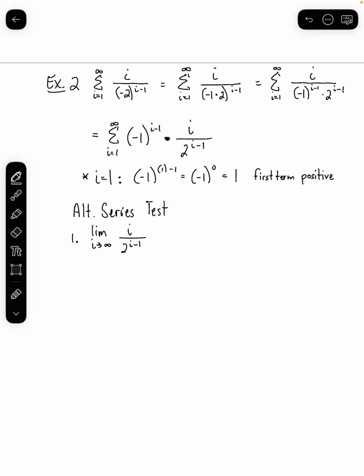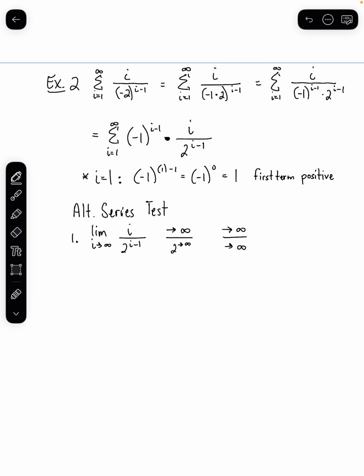Now in this case, we end up with, in the top, I is approaching infinity, so the top approaches infinity. And in the bottom, we have 2 to a power that is approaching infinity. So we end up with an indeterminate form.